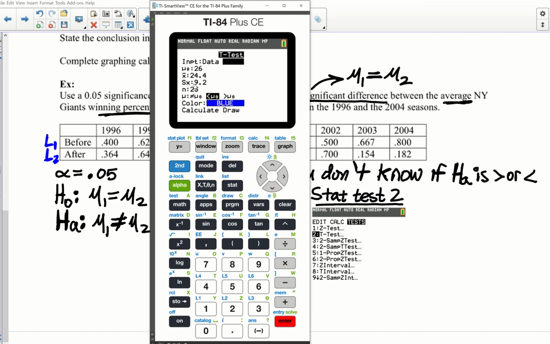But now we want to arrow over to data and select that one. So over to data and hit enter. All right. Then your mu sub 0 should be equal to 0.